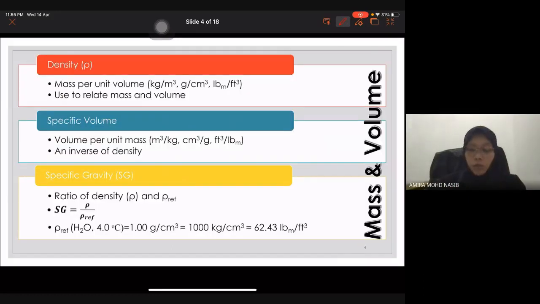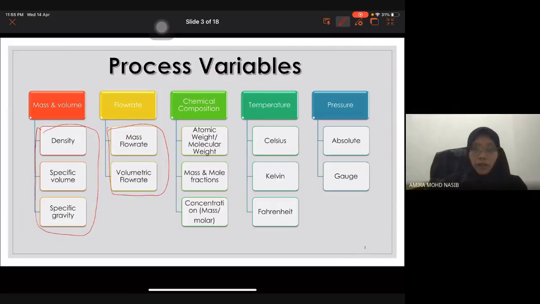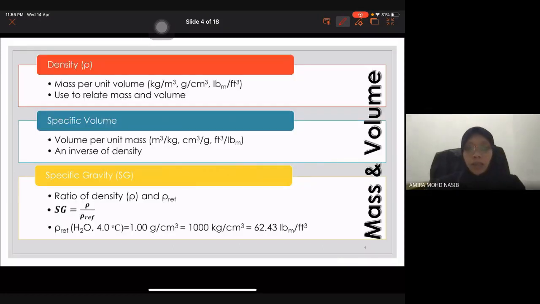The first part we are going to touch on is mass and volume. In mass and volume, basically we are going to learn about density, specific volume, and specific gravity. I believe that you have been using density a lot in your previous matriculation or STPM.